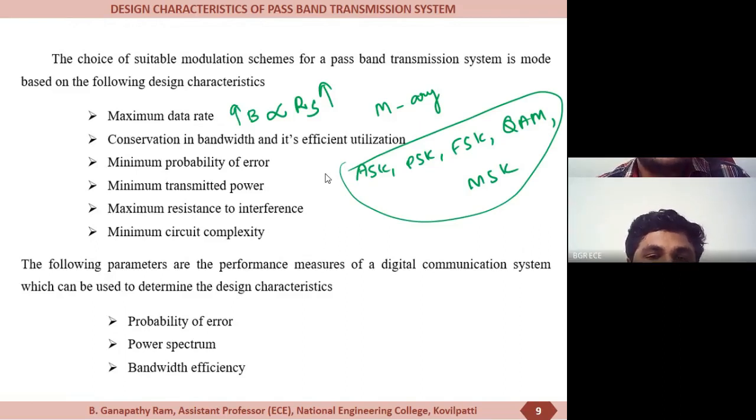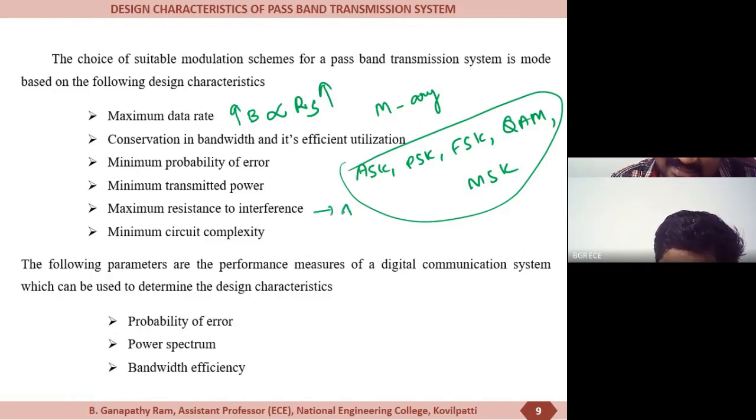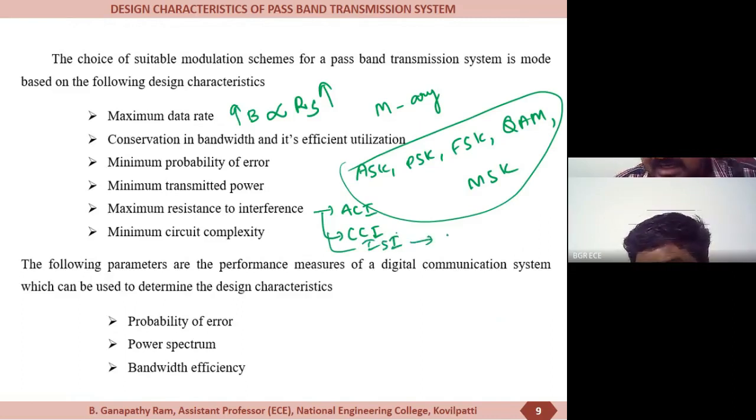Then is maximum resistance to interference, because while transmitting information through the wireless medium, different types of interference may occur. One is adjacent channel interference and another is co-channel interference. And most probably, intersymbol interference can also occur due to the fading environment.